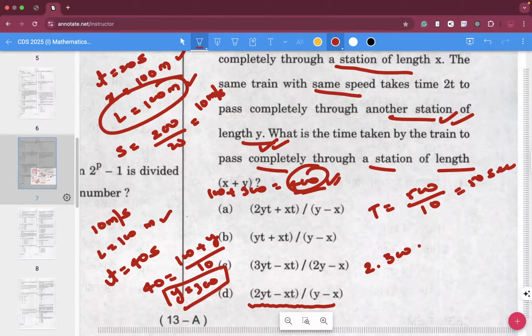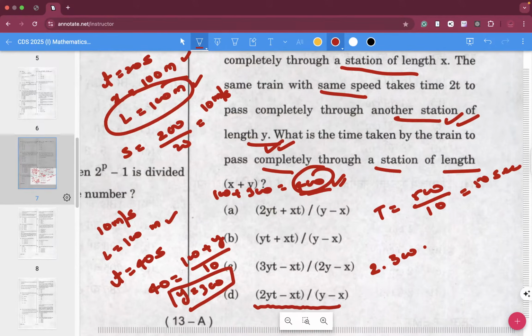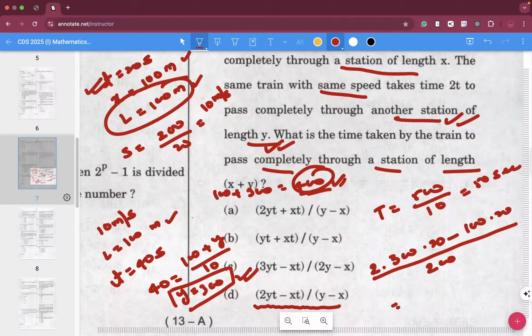T is how much? 20 is what we assumed, minus x. X is how much? 100, into t, t was 20, divided by y minus x. Y is 300, x is 100, which means 200 over here. So this is 2 times 300 into 20 minus 100 into 20, divided by 200.